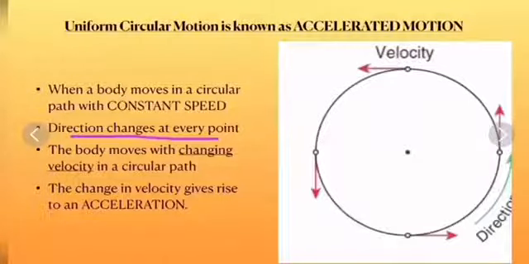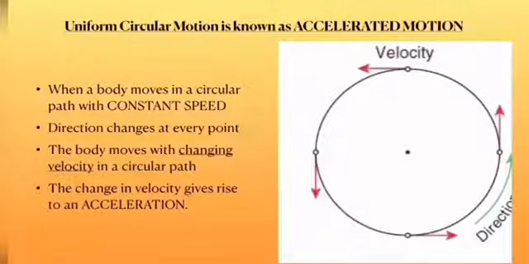You can see here, let us imagine this is an object. If it is moving in a circular path, you can see its direction is changing at every point in a circular motion.